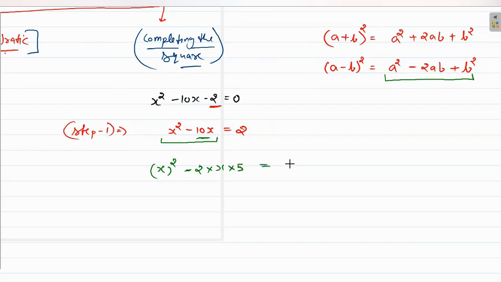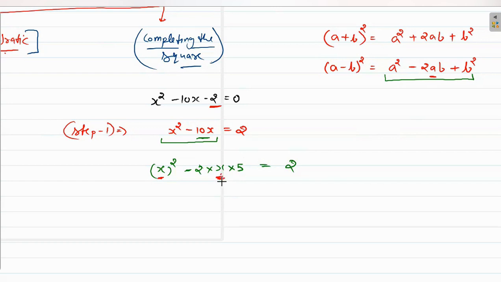Is a 1 or x? No, a is x. That's why I put x in place of a. How about if it's 2x square in front? Then I will put 2x over there. We will discuss that question as well, don't worry.